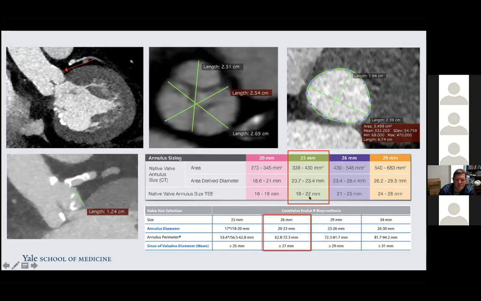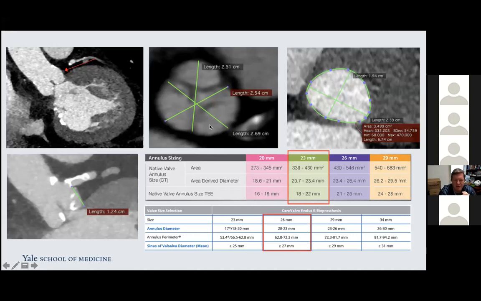Now, what you'll also notice here, though, is that when you're looking at the Evolut valve, there's one other restriction that's thrown in here, and that is the size of the sinus of Valsalva. So that's this measurement right here. And it recommends that you have a sinus of a certain size, because of the risk of coronary obstruction when you have sinuses that are small.